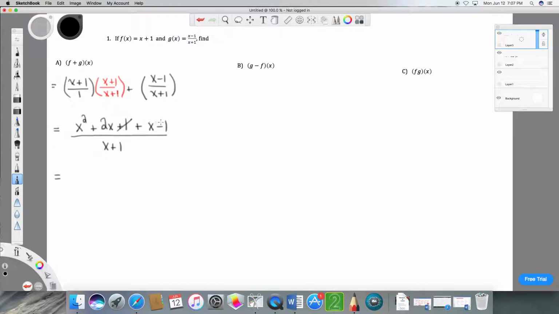So the positive 1 and negative 1 cancel each other out, and we have x squared plus 3x divided by x plus 1. So we can't simplify that any further. So there's our new function, and they called this function f plus g.